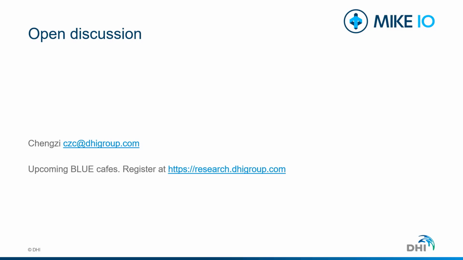Someone is asking about machine learning tools, if you can take a DFS2 file and predict some parameters. Of course that is possible, but not with MikeIO. That's only data handling of the files. So you can use it to load the data, and then you need to use, for instance, scikit-learn or some of these other tools to process the data and train your models or whatever you would like to do machine learning wise.